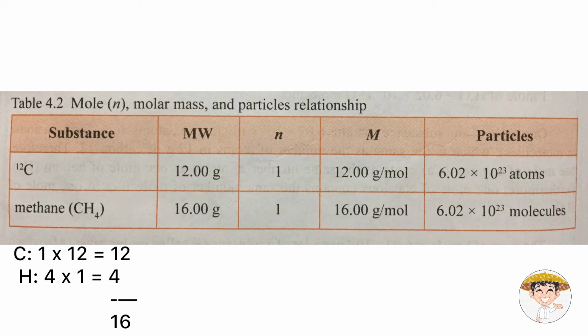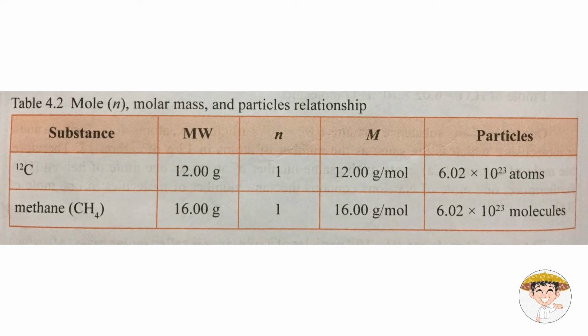For hydrogen, we have 4. Now, you get the total. Because it is in one molecule, you are going to add the products. So we have 16. If you are asked for the molecular weight, you write 16 grams. But if you are asked for the molar mass, then you write 16 grams per mole. Okay, did you get it?